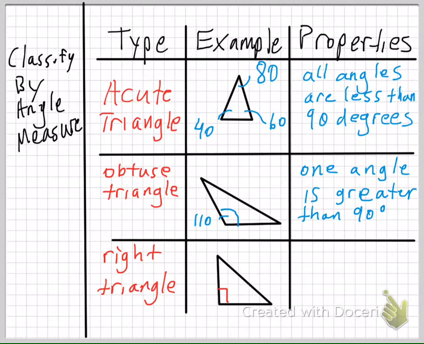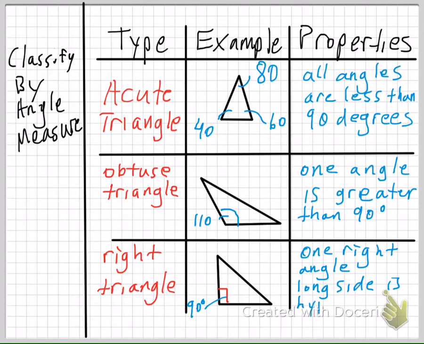So it has one right angle, the long side is called a hypotenuse, and the other two angles here are complementary.